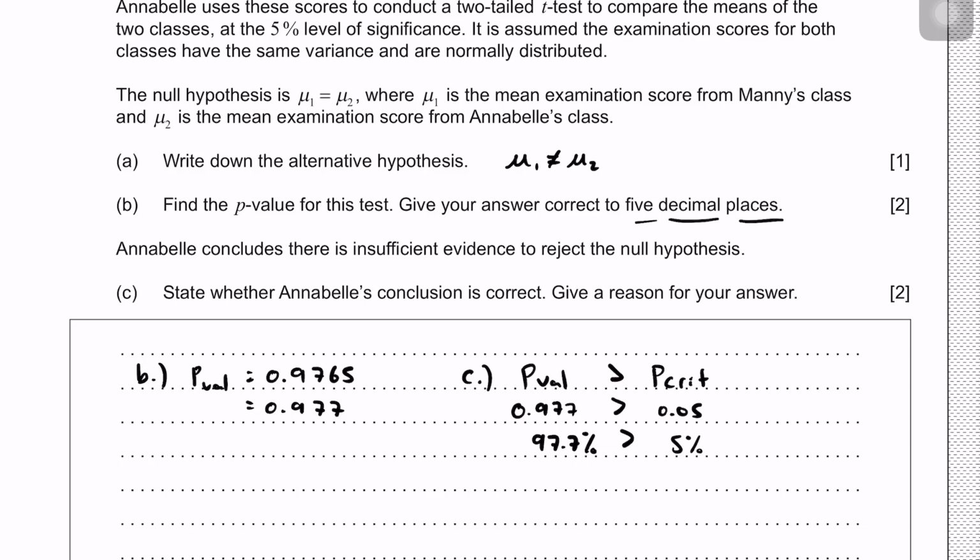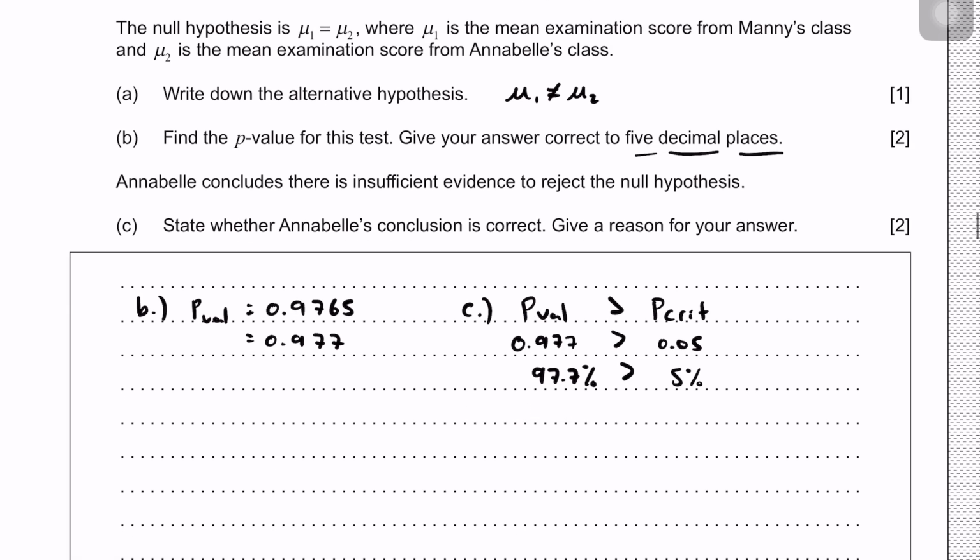So in this case, we would accept the null hypothesis or fail to reject. And that's what Annabelle is saying, that there's insufficient evidence to reject the null hypothesis. So in this case, we could say that Annabelle is correct. Annabelle is correct. We fail to reject the null hypothesis.